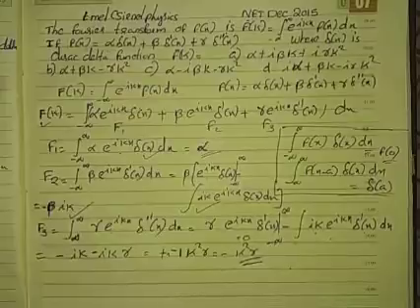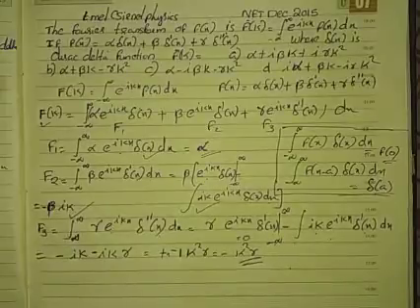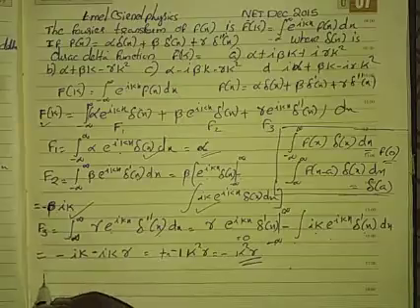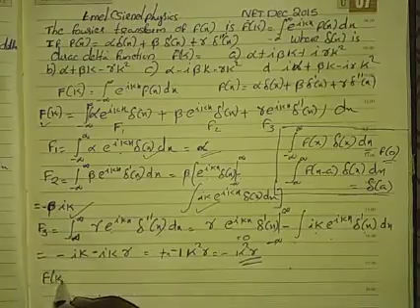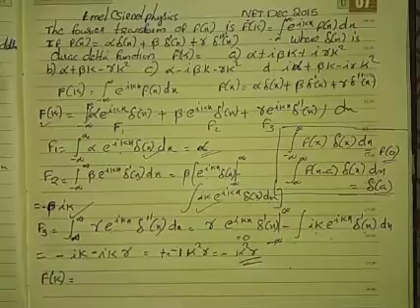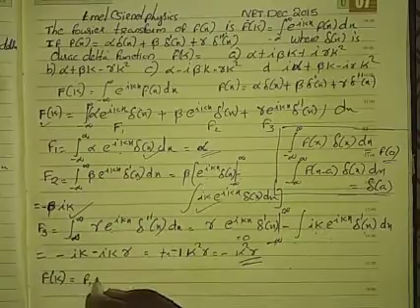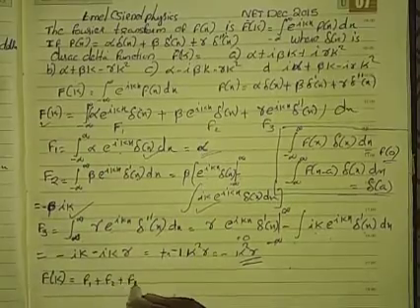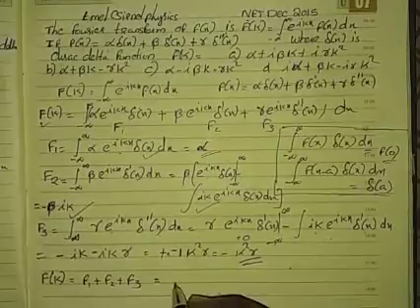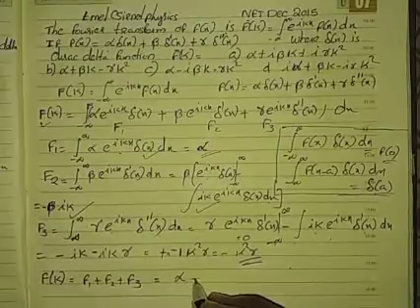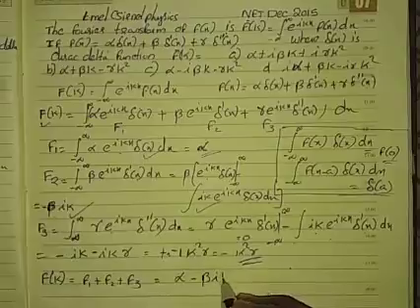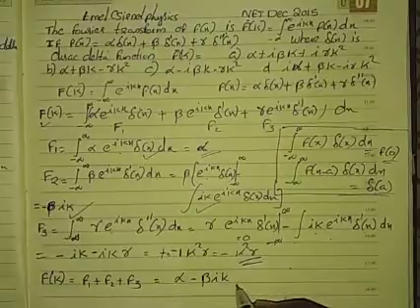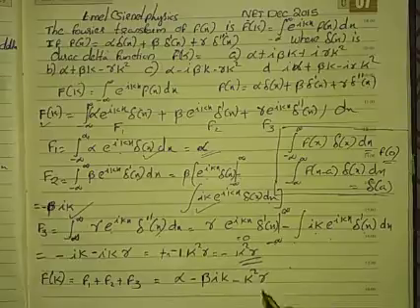So what you got as a result of the whole thing, which is the integral of f of x, which is f of k, will be equal to f1 plus f2 plus f3, which is equal to alpha minus beta ik minus k squared gamma. So that's the answer right there.